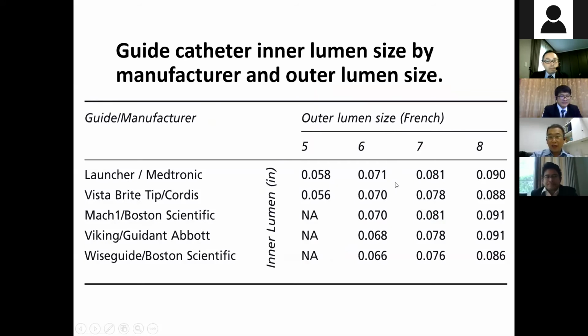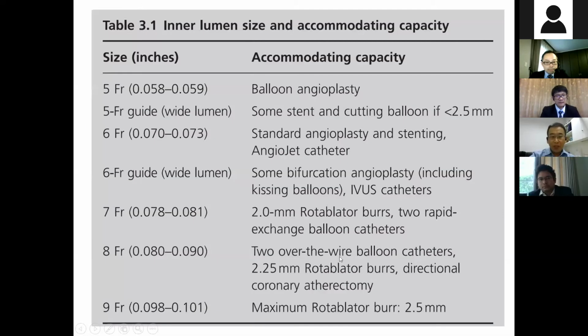This is a benefit, as you can select a smaller catheter French size, and you can approach from the radial or use a smaller system to reduce complications as well. For example, 5 French is better for balloon angioplasty alone without any other complicated device.